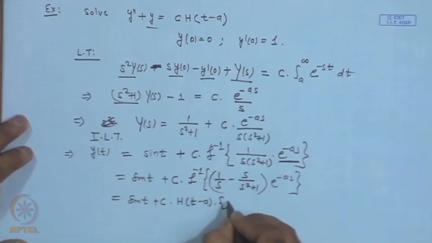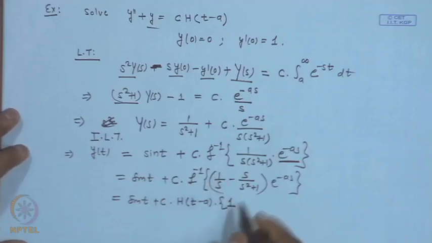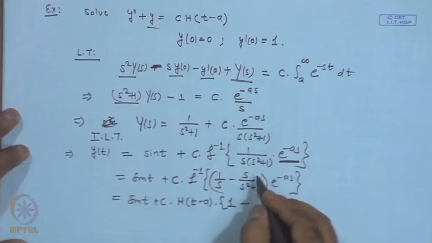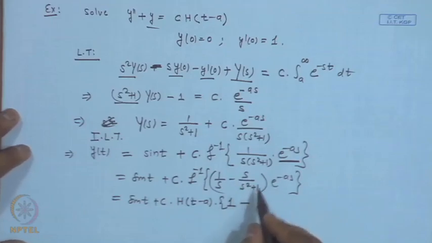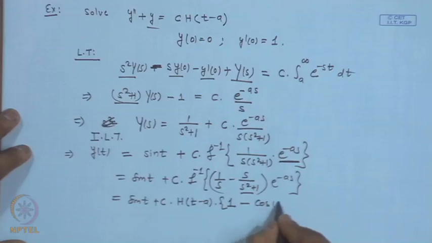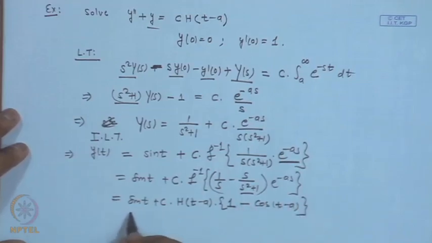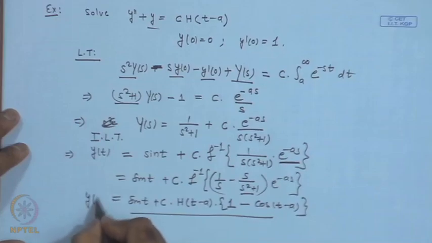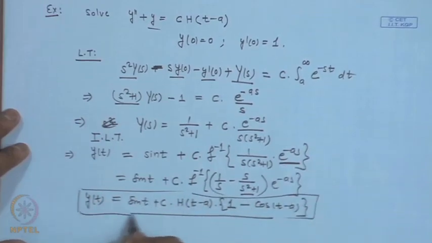The Laplace inverse of 1 over s is 1, and minus the Laplace inverse of s over s square plus 1, which is cos t, but with the shift we get cos(t minus a). So, this is the solution of the given initial value problem.